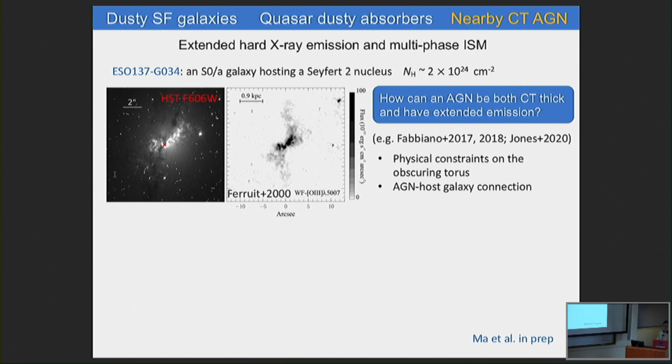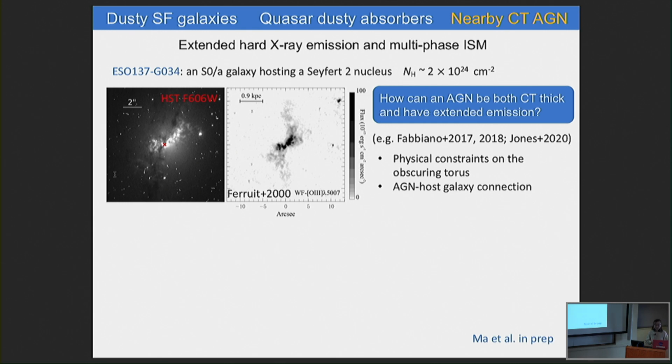The recent discovery of extended kiloparsec scale hard X-ray emission challenges the standard AGN unified model. So studying this, we'll be able to provide physical constraints on the obscuring torus, and also this gives clues to how the supermassive black hole impacts the host galaxy on larger scales.